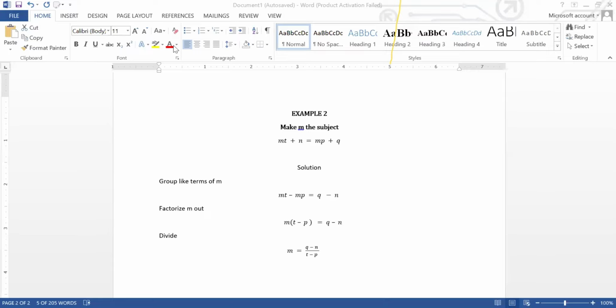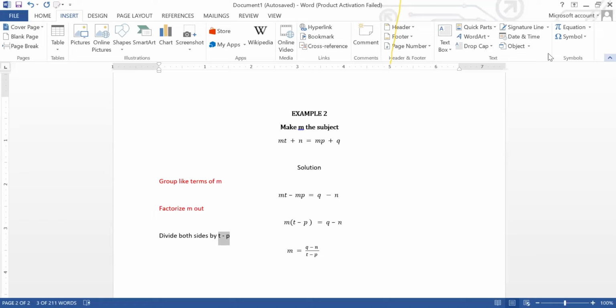So, sir, please, the question said mt plus n is equal to mp plus q, and you're making m the subject. So you bring all factors that have m in them to one side and the remaining to the other side. So we have mt minus mp is equal to q minus n. And now you factor out the m and put the remaining into brackets.